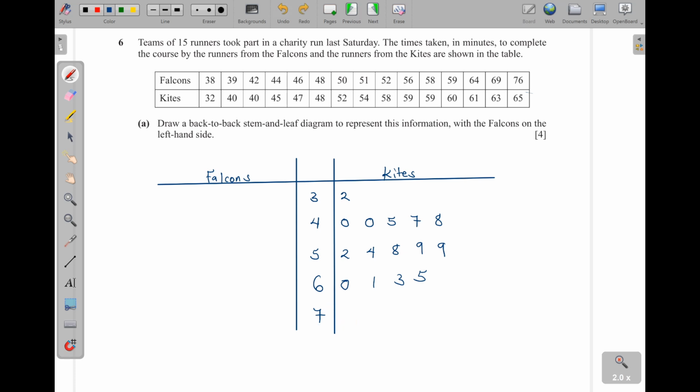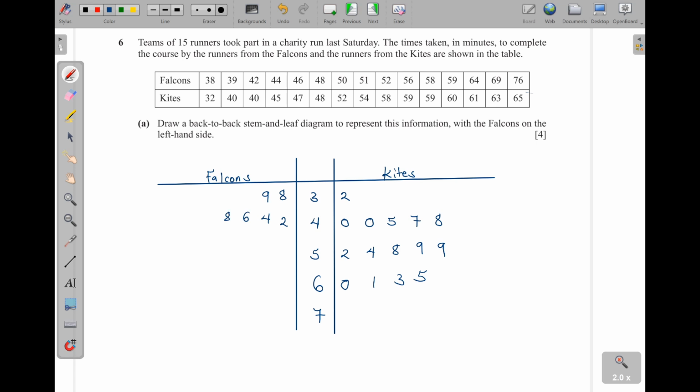Now let's go to the Falcons. So we have, these are 2. So there is 8, then there is 9. They have to be increasing this way. And then we have the 40s, 42, 44, 46, 48. There are 4 of them. So we shall write a 2, then a 4, then 6, and then 8.